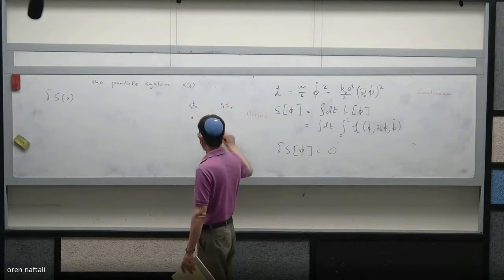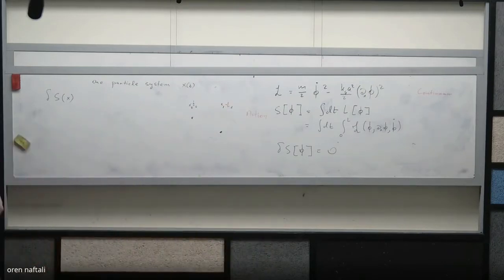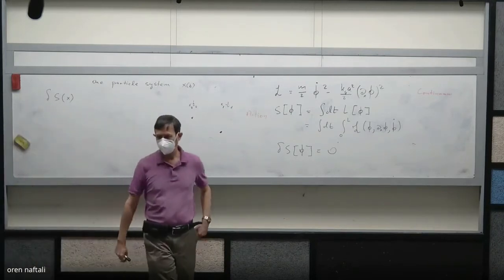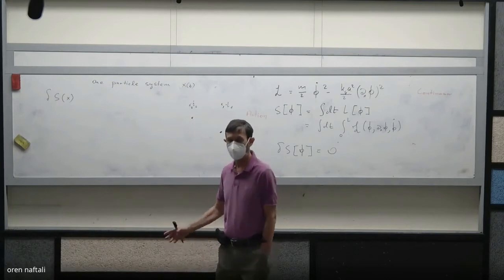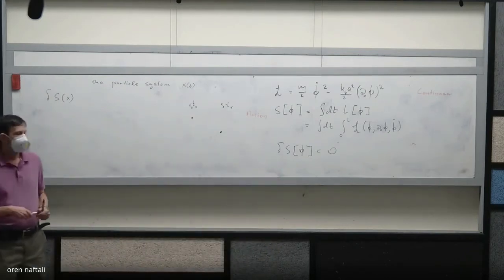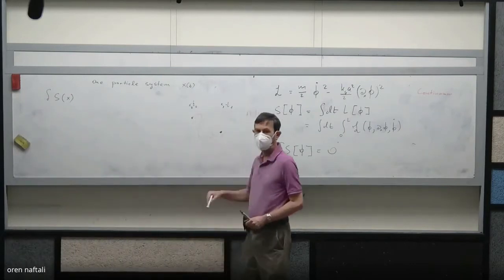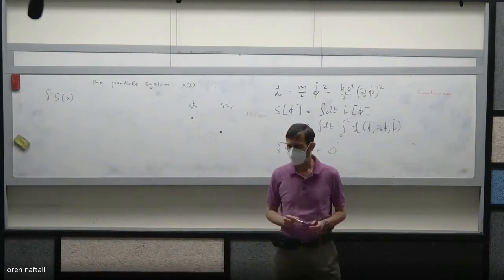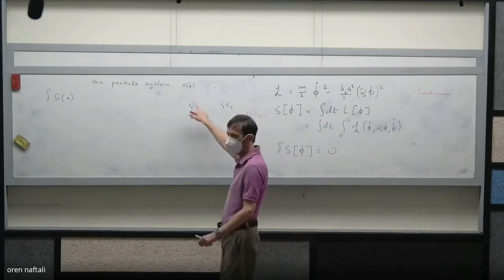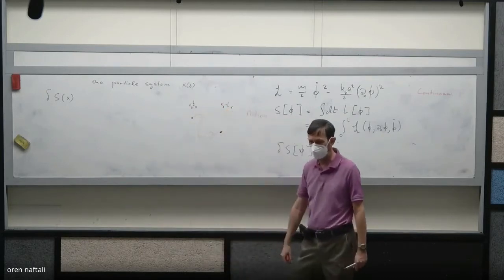I have 2 points. And now what does this actually tell me to do? Go over all possible trajectories that start at x0, t0 and end at x1, t1.